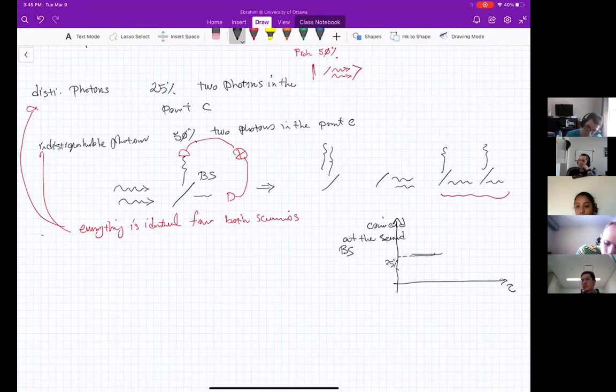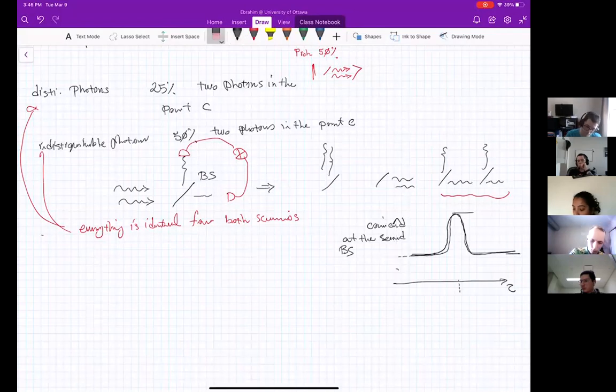Then suddenly, at the place that they are indistinguishable, that increases to 50 and goes down. And the height of these is twice of these. So if you go with an arbitrary unit, if you label that unit 1, then that should be 2. We call this coalescence.